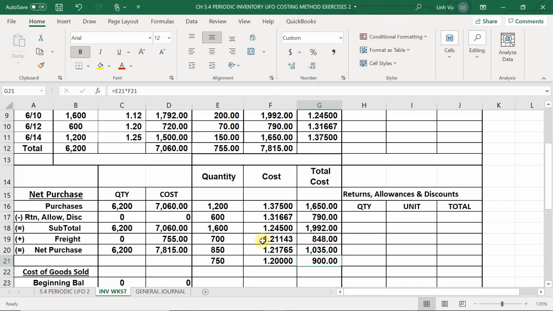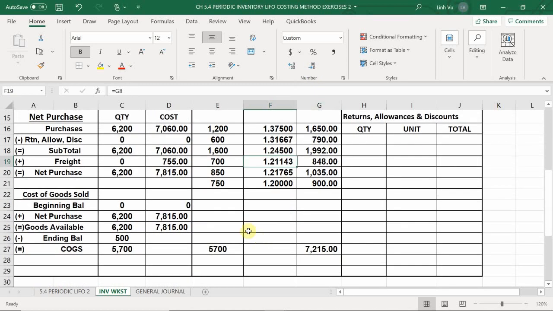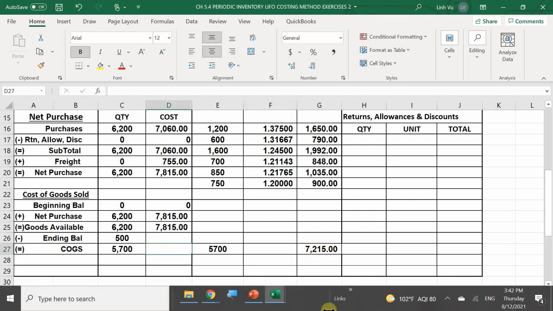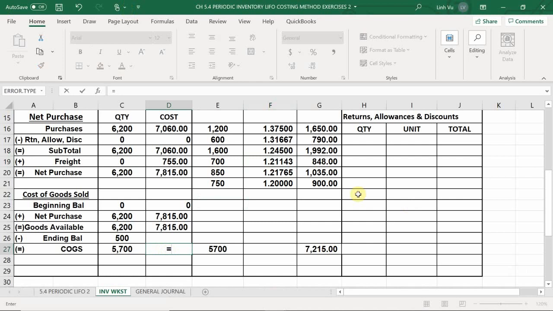$900. Good. So now, by me doing my equal sum column here, I add up my total cost to get me a grand total of $7,215. So then, what is going to be my total cost?